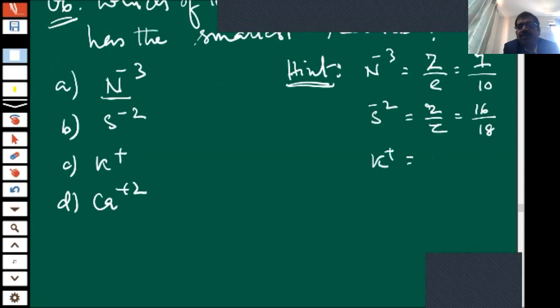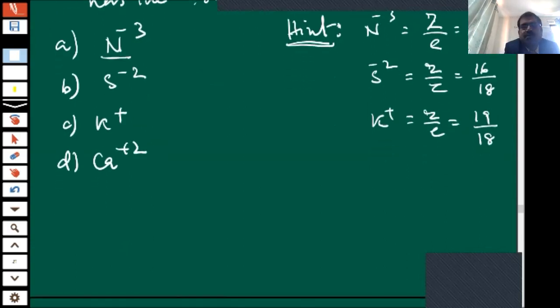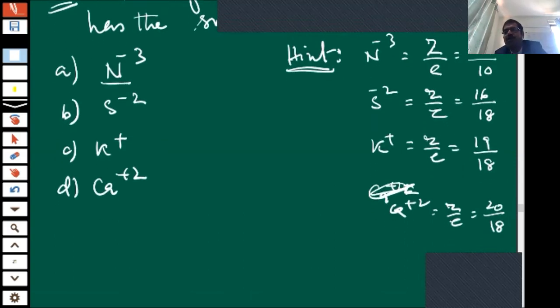K plus: K is 19, and one positive charge means you reduce one electron, so electrons are 18. Ca plus 2, not K plus 2: Z is 20 and electrons are 18. So now we have to think.